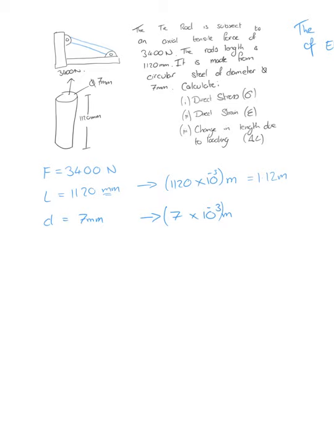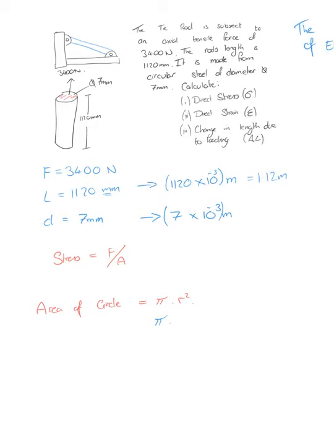So stress is equal to force over area. The area is here, so it's going to be a circle. So area of a circle is equal to pi times r squared. So the area of that circle is going to be pi times, now I've got a question.